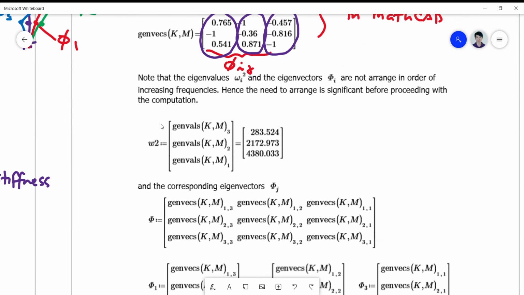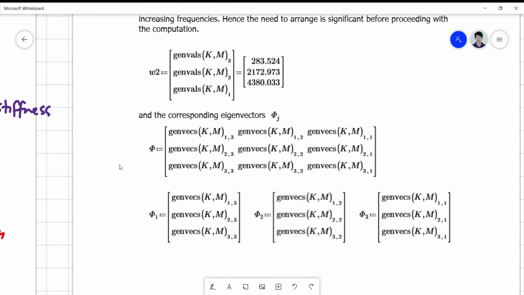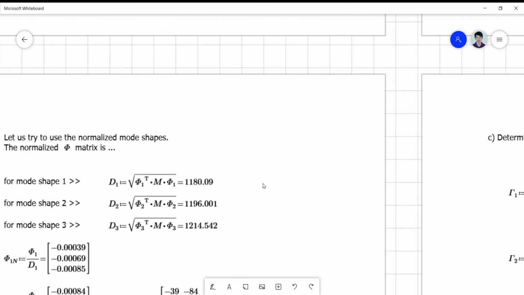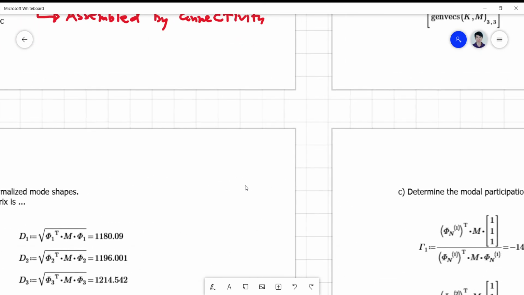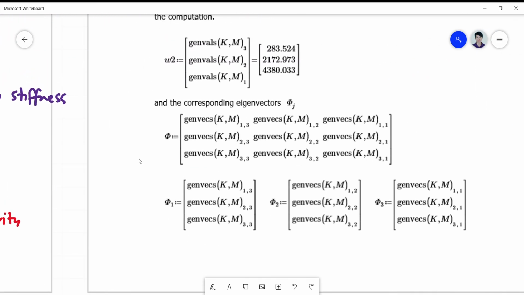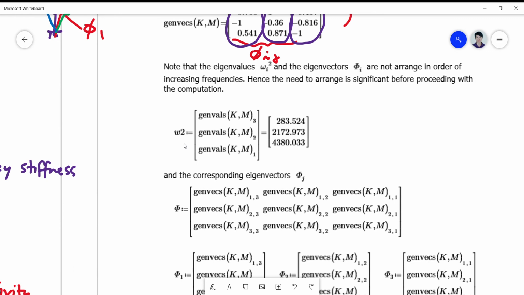So this is a way on how to arrange it. I will not explain it because this is MathCAD language. I have arranged it in an order wherein my omega squared becomes arranged in an increasing manner.